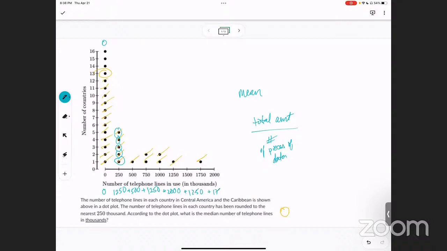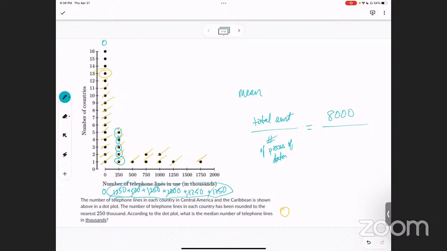And this is 1,750. So you would add up all of those numbers right there. This is 2,500, that's 3,000, that's 5,000, 6, 7, 8,000. That would be 8,000.